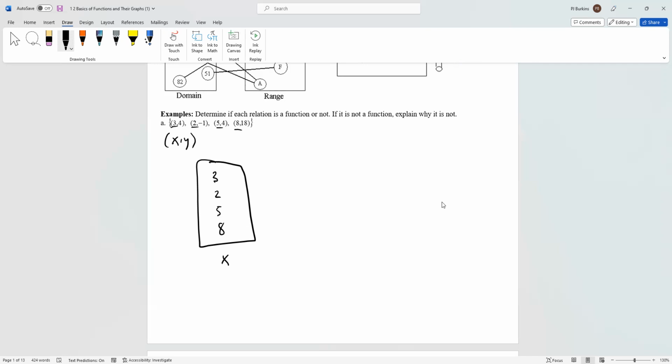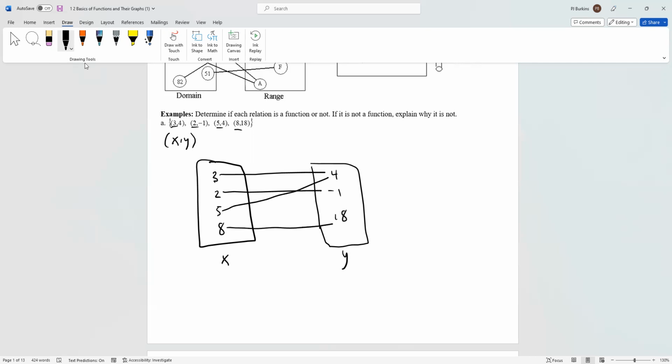And in set y, we have 4, -1, 4, well, 4 we don't need to write twice, and 18. So 3 maps to 4, 2 maps to -1, 5 also maps to 4, and 8 to 18.